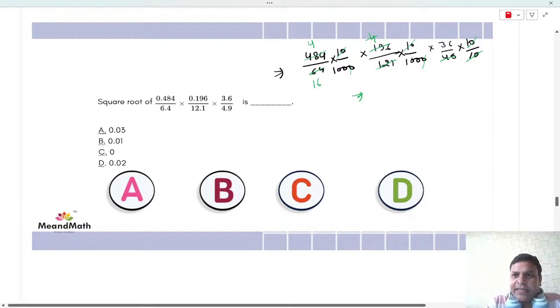So in the end, the remaining part is 36 upon 16 into 100 into 100.